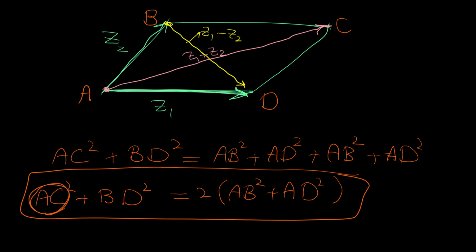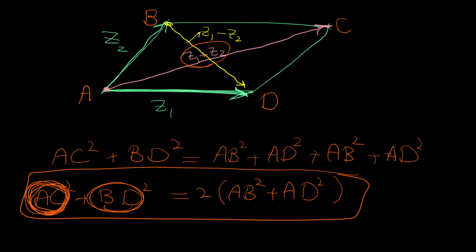AC is the length of the diagonal, so it is the absolute value of Z1 + Z2, squared. BD² is the length of the other diagonal squared. And on the other side, we have 2 times AB, which is the absolute value of Z2 squared, plus AD, which is the absolute value of Z1 squared.